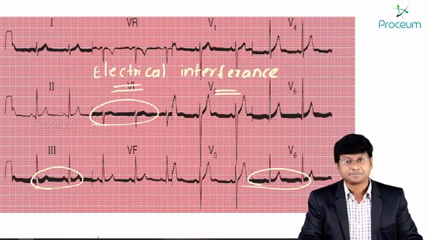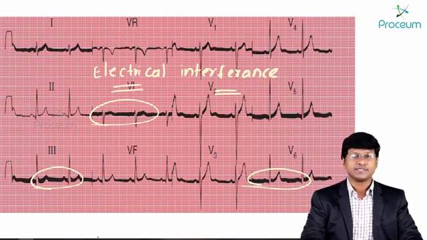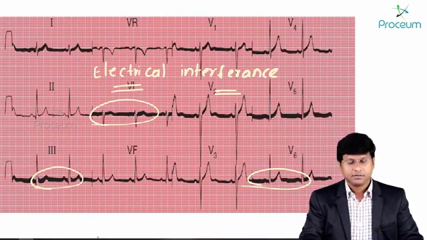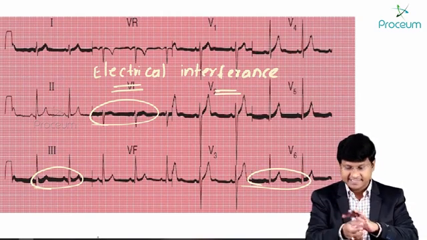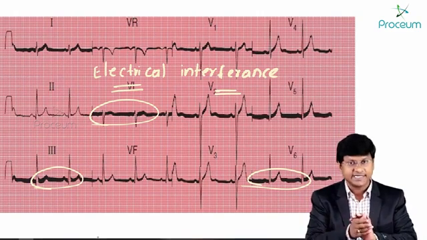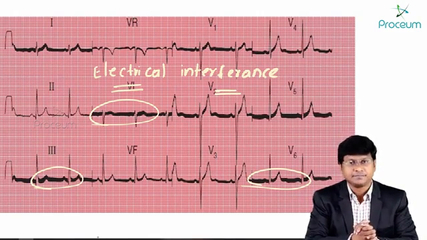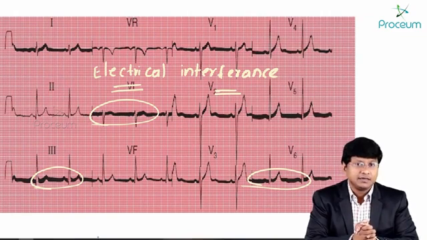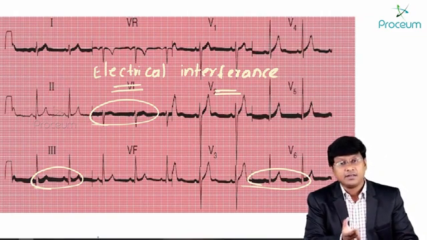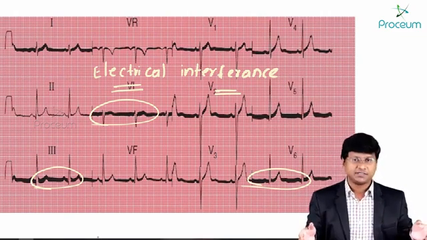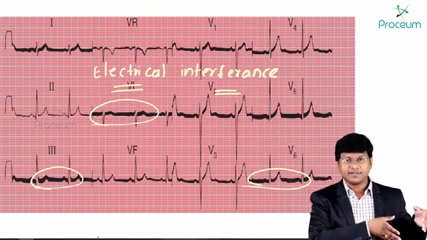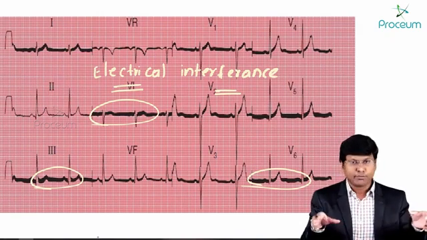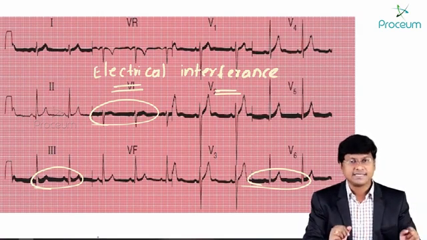What you should understand is, for example, you have placed the individual on the bed, you have placed the ECG electrodes and leads, and you are taking the ECG. But meanwhile, adjacent to the patient, there is a pulse oximeter, there is a defibrillator on the other side, and there are 2-3 mobile phones adjacent to the bed or in the pocket of the patient.